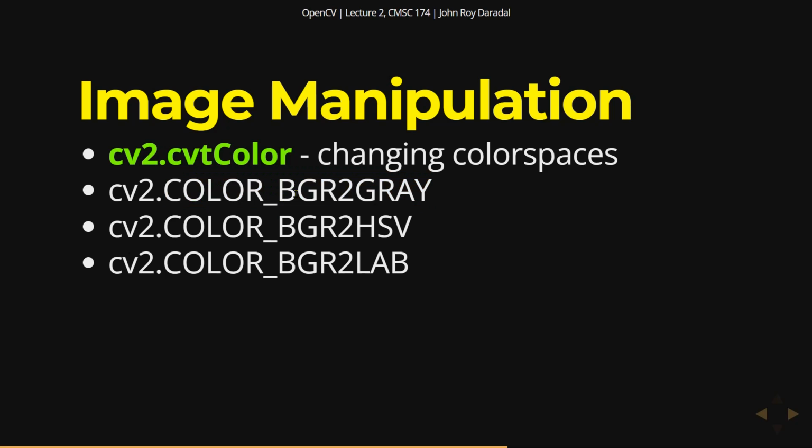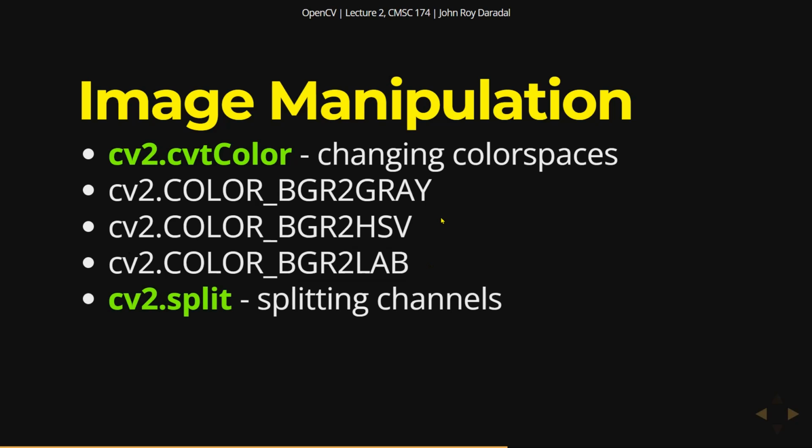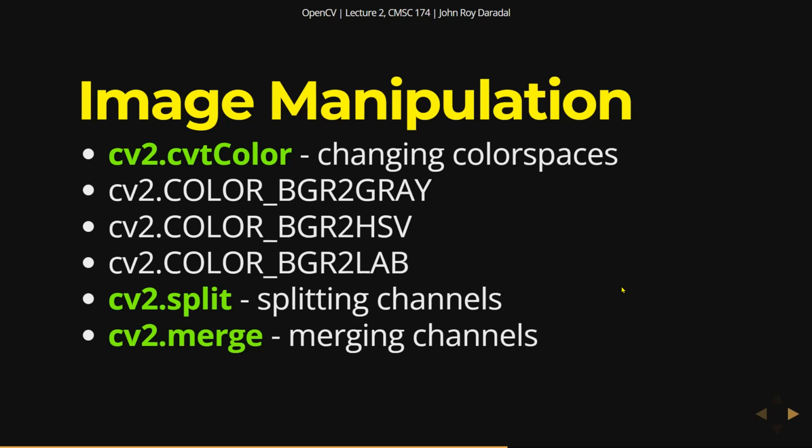From the BGR color space, you convert it to the gray color space or grayscale, or BGR2HSV to convert to HSV, or BGR2LAB for the Lab color space. If you want to get the individual channels, like the blue, green, and red channels, you can use cv2.split. We'll see this later, and then cv2.merge to merge the three individual channels into one to make it a colored image again. We'll see this in the demo later.